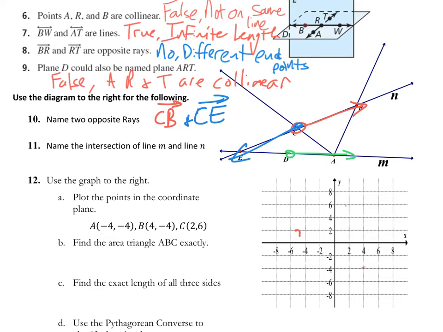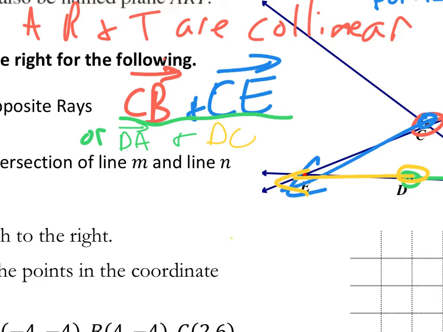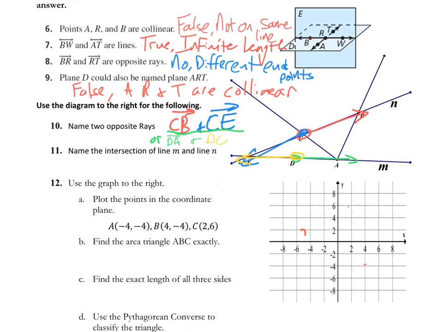DA is right there. And DE. It's another combination. And in fact, those are the only possible combinations. So there's 2 possible opposite rays. And again, opposite rays have the same endpoint.